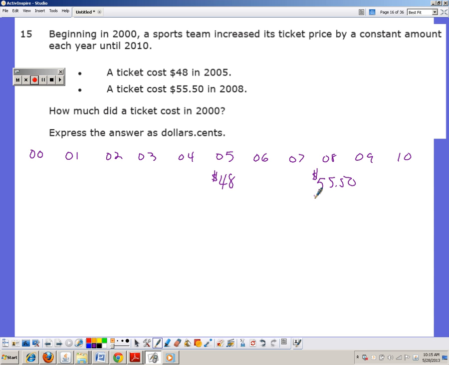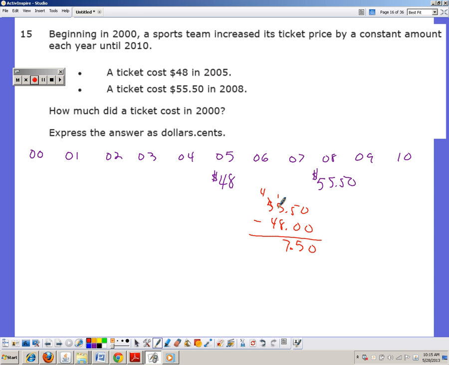So we got $55.50. Subtract 48. And when you subtract, that gives you $7.50. Okay? Now it's from 2005 to 2008.